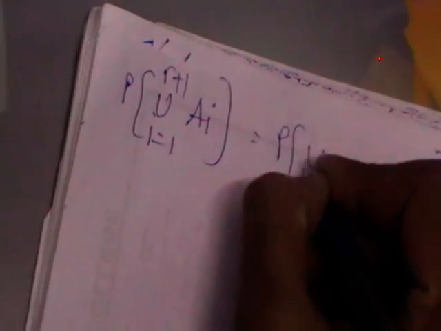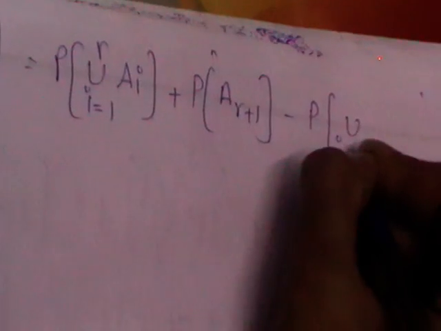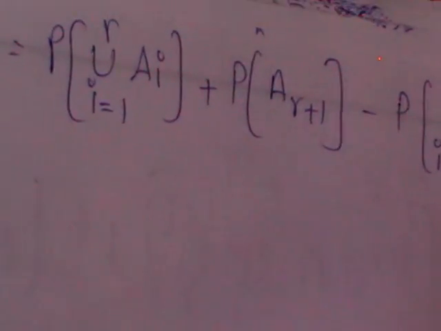So we have union i equals 1 to r plus 1 of Ai is equal to P of A1 union A2, which is P of A1 plus P of A2 minus P of A1 intersection A2.